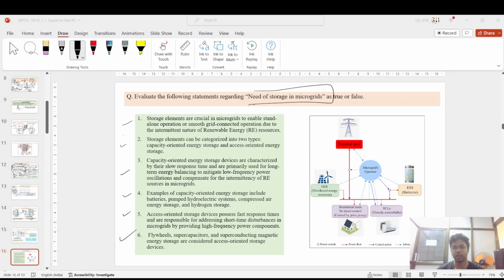If you got the answer to the first statement, you can write that also. That creates a positive impression for me that you are trying the statements.